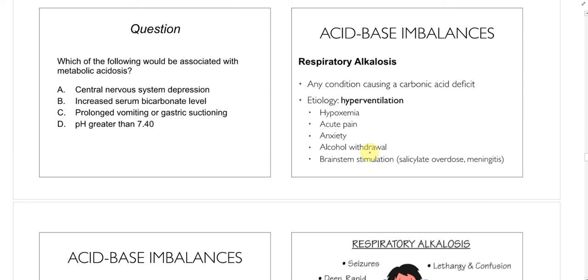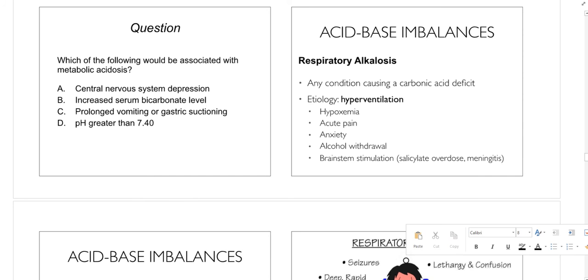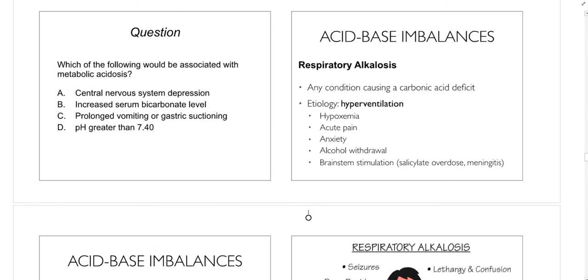Maybe some alcohol withdrawal might be a reason for why that exists. But anyway, you're blowing off a whole bunch of CO2. For whatever reason, let's say you have a panic attack, you're blowing off CO2 because you're hyperventilating, and now you are not acidic enough. You are alkalotic.